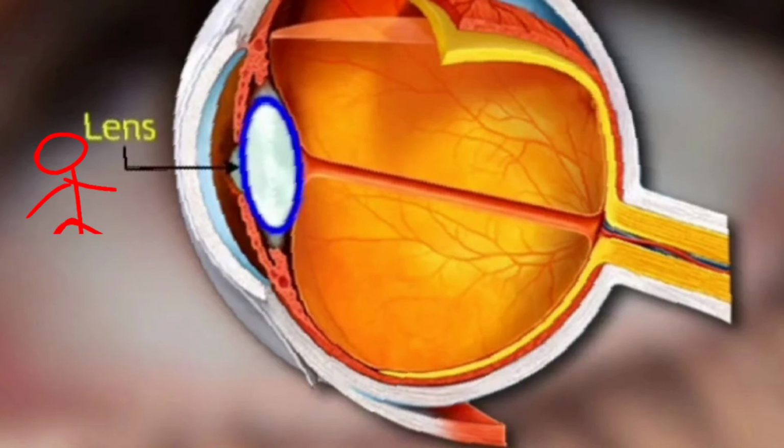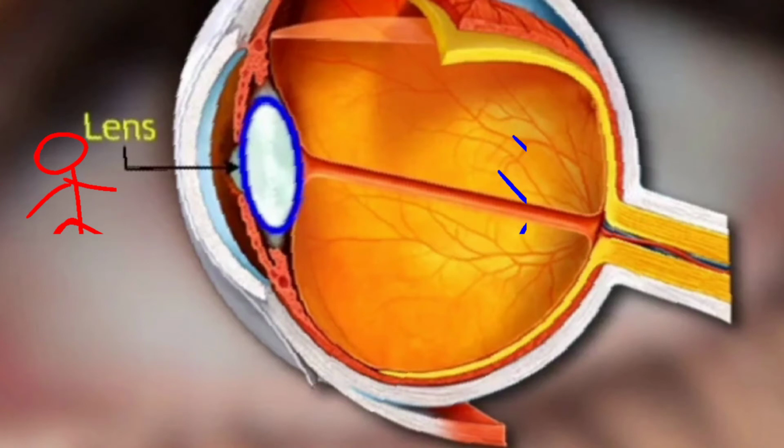Here through the lens the image is created on the retina. So here you are going to get the image. And how is the image formed, you know? It will be this way. It is inverted. Yes, children, it's a fact that we are getting the inverted image.